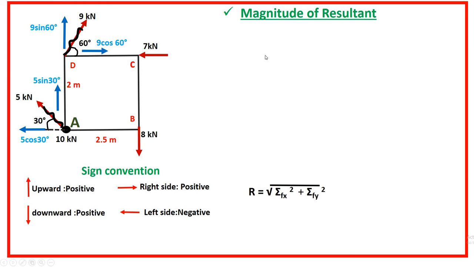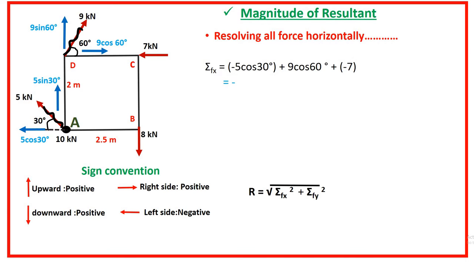Now let us determine the magnitude of the resultant. What we have to do for the same? We have to resolve all forces in the x direction as well as in the y direction, right? So the summation of all forces in the x direction is sigma Fx, right? It is minus 5 cos 30 because it is on the left side, so minus 5 cos 30.